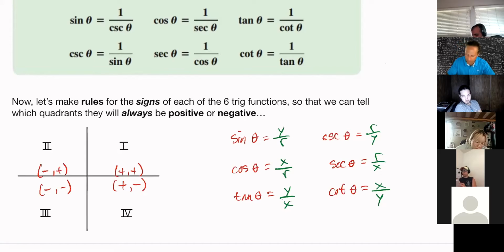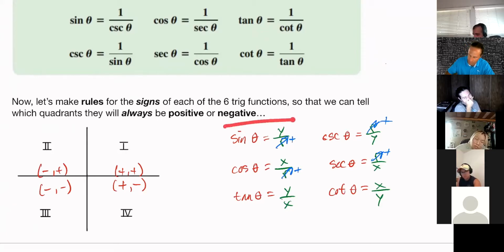But if I know that the r's are always going to be positive, then I don't have to worry about those. And I can just focus on only the y value for sine and cosecant, or the x value for cosine and secant.